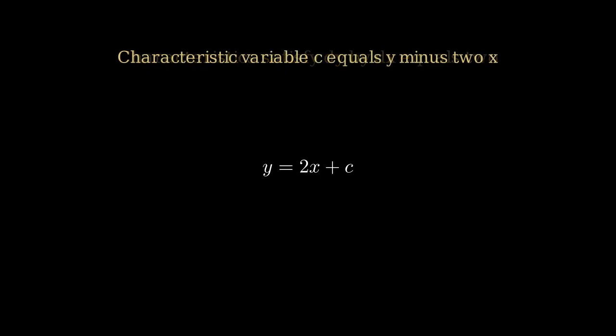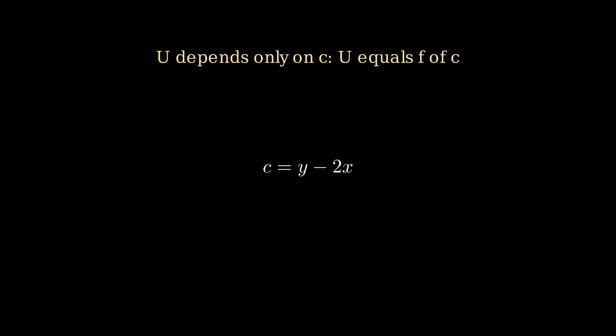Rearranging, we define the characteristic variable as c equals y minus 2x. This quantity is constant along each characteristic curve. Along the characteristics, du by dt equals 0, so u is a function of c alone. We write this as u equals f of y minus 2x.